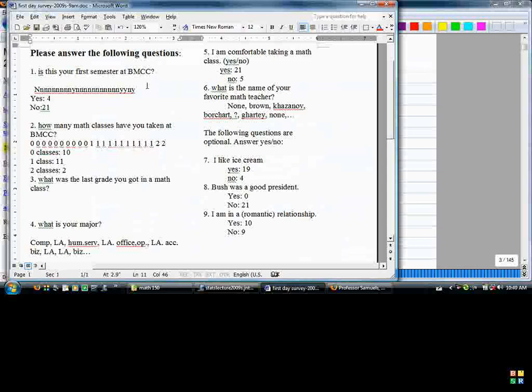Where is it numbers? 4 and 21 is not your data. In question number 1, what's your data? Yes, no. Exactly. Your data are the yeses and nos. Your data is qualitative.